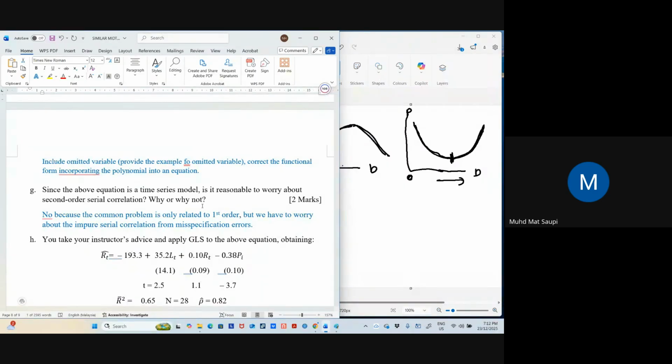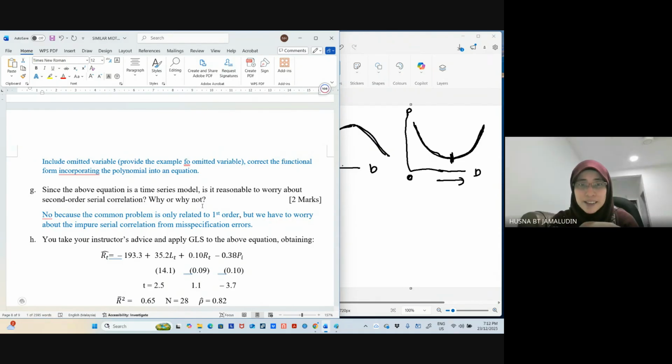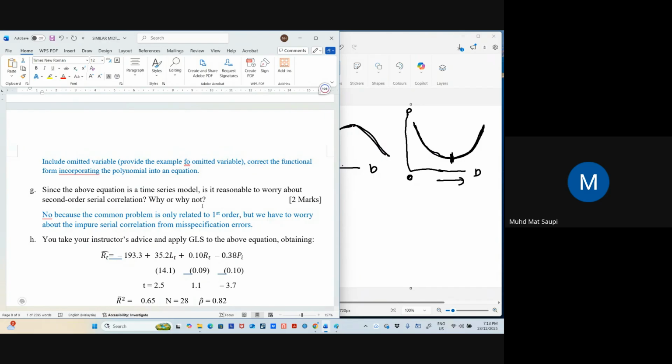Is it still correct answer or wrong answer? If you want to come up with omitted means relevant variable that has been omitted. So relevant variable shouldn't have multicollinearity issue. So you have to figure out the omitted that is not having multicollinearity, because multicollinearity is similar variable. You don't want to come up with similar variable. Okay? Anything else?